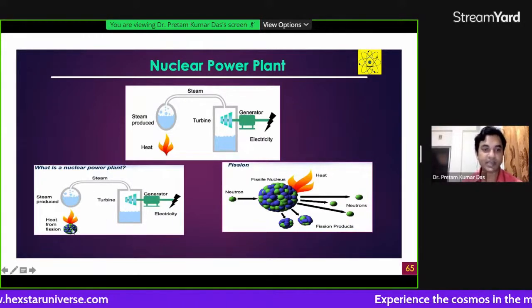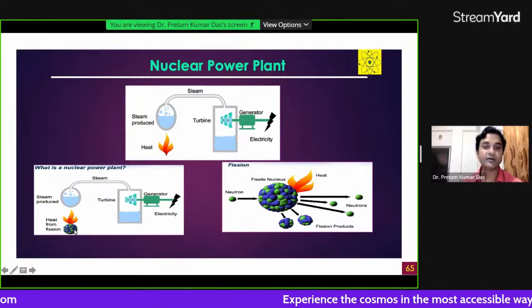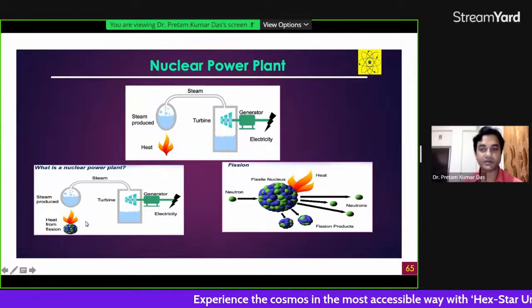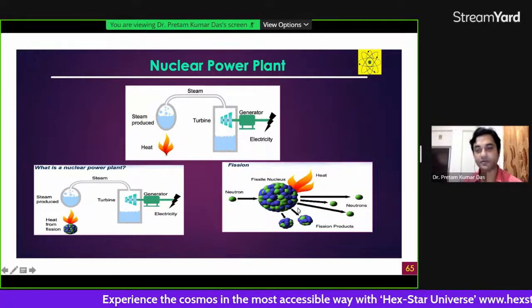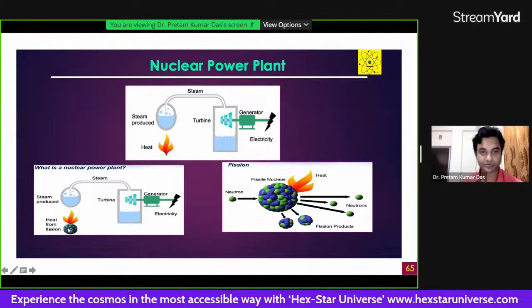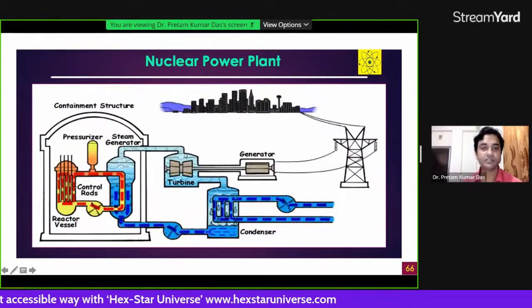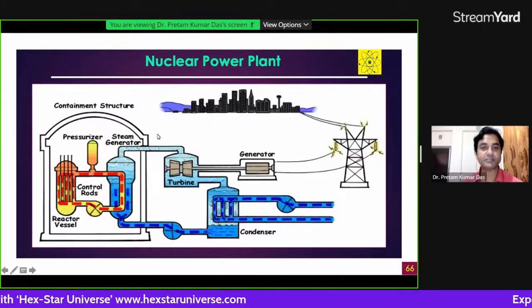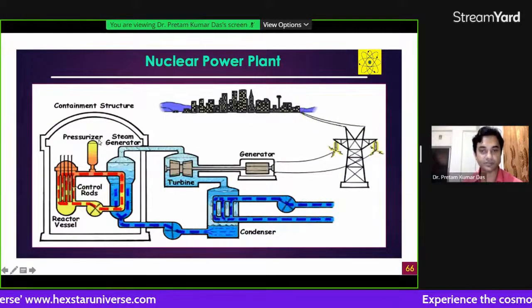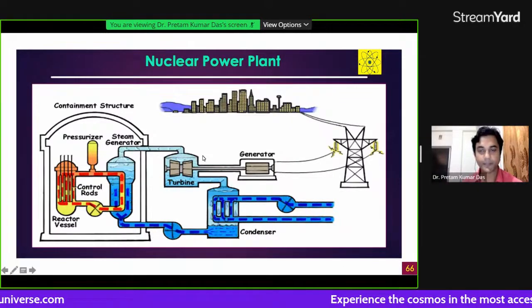The same thing happens in a nuclear power plant, but here we get heat from nuclear fission. The rest of the things are the same. This is the schematic diagram of a pressurized water reactor.